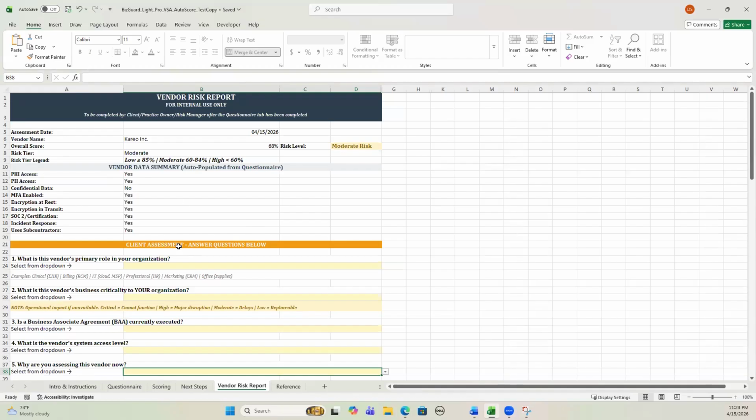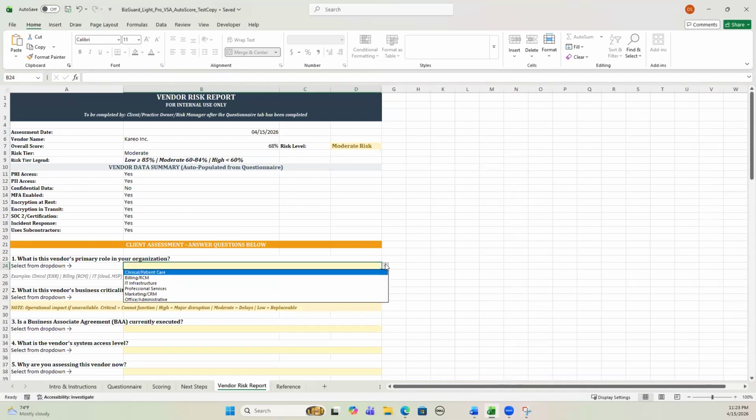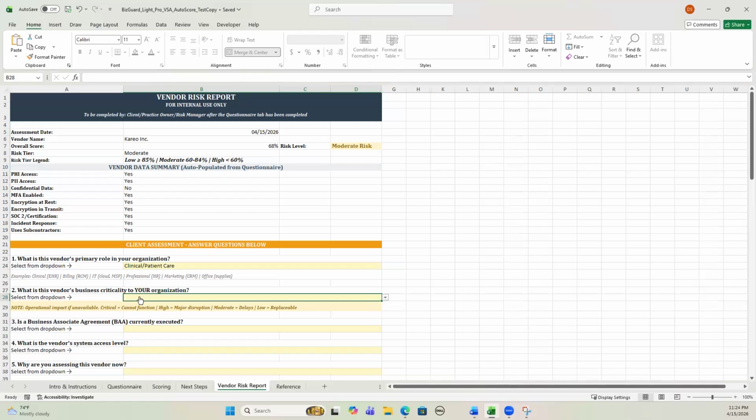So here we will complete the questionnaire by answering the last 5 questions. What is this vendor's primary role in your organization? We would say clinical patient care, which is the highest level of access. And then what is the vendor's business criticality?